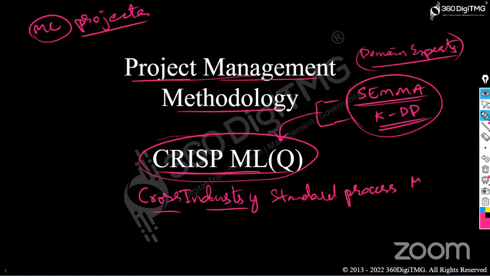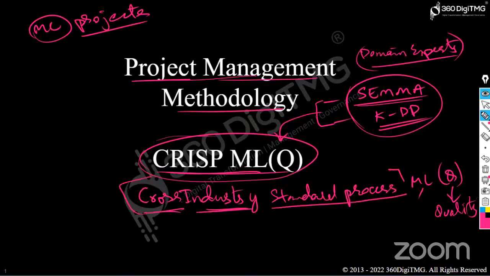And ML is, we all know, machine learning, and Q is quality assurance, the quality. So it is the cross industry standard process that we follow for machine learning projects, and the different steps that we follow to complete the project.